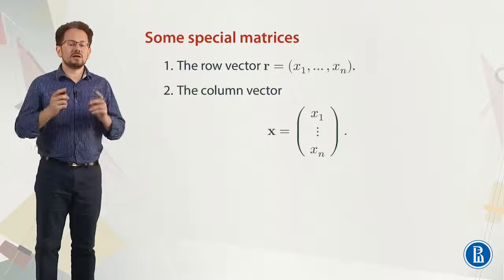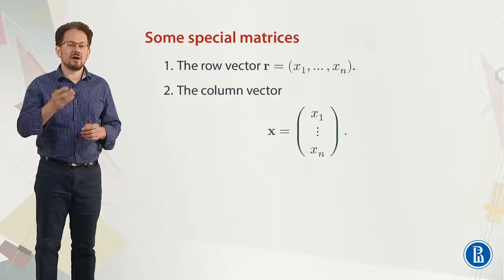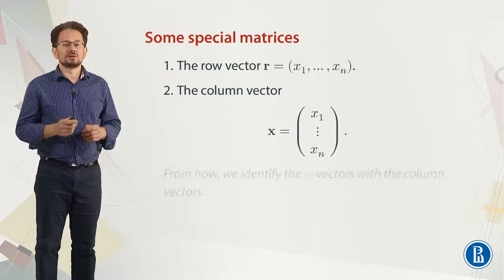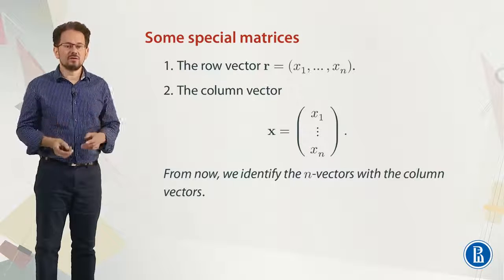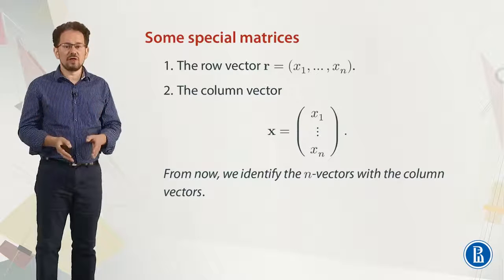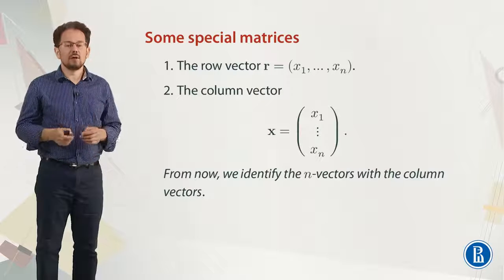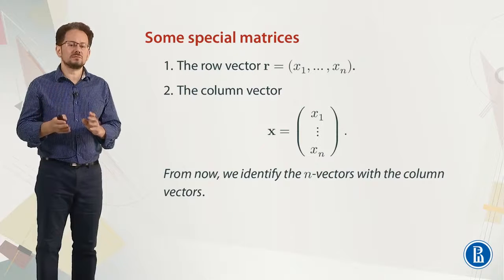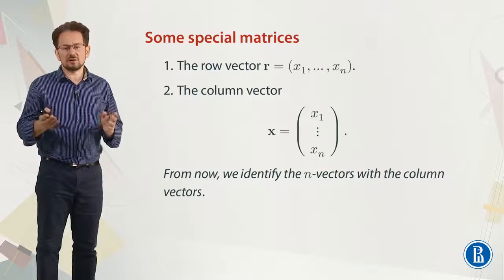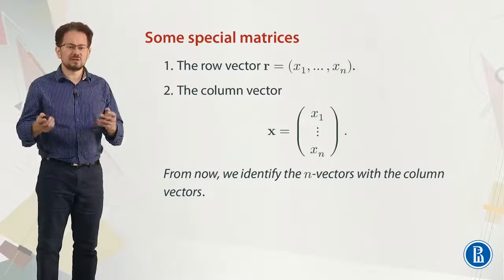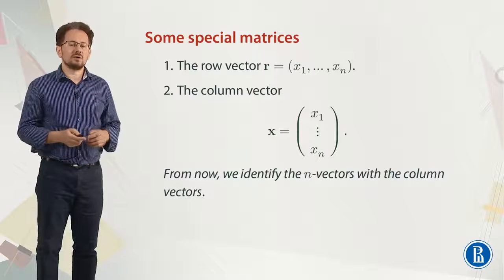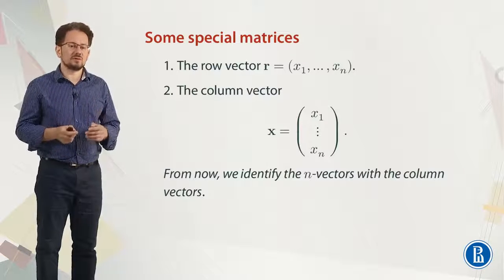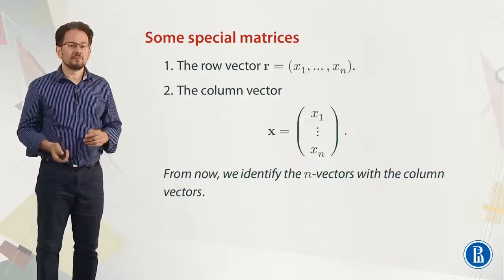We will identify the n-vectors with the column vectors, so that R^n for us is the space of column vectors. It may look like something unimportant, but later we'll see that there are some points where row vectors and column vectors are not equivalent to each other.